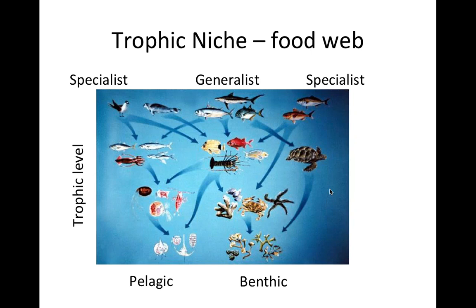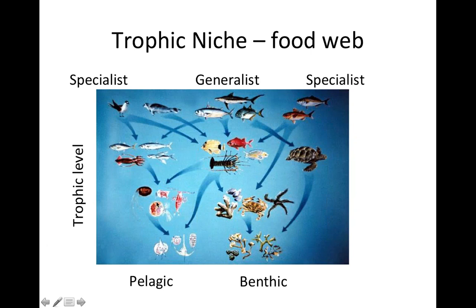And when we build this up into a food web concept, we can see how these three different factors within a trophic niche play into constructing a food web. So we have different trophic levels here, from primary producers, secondary producers, and so on. We have different basal sources.